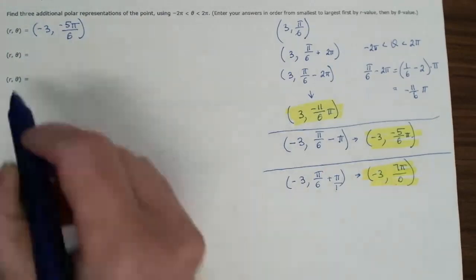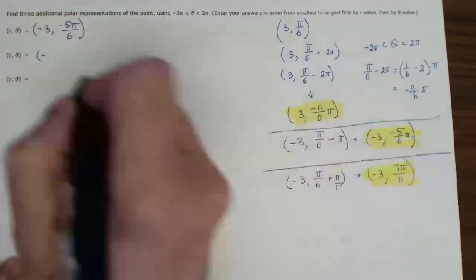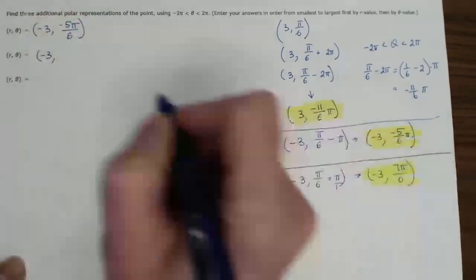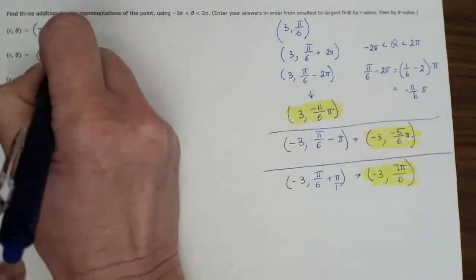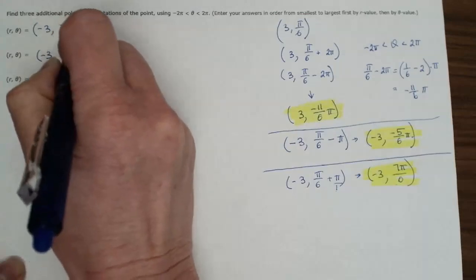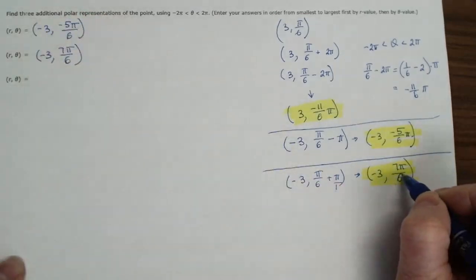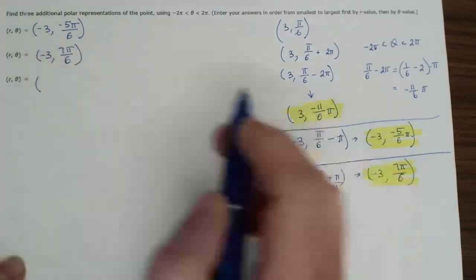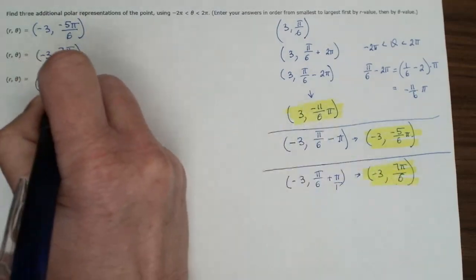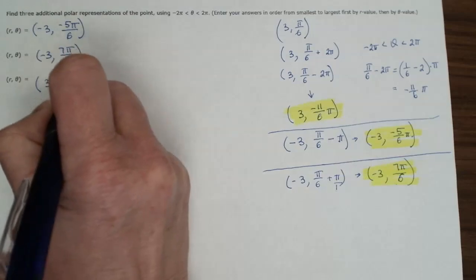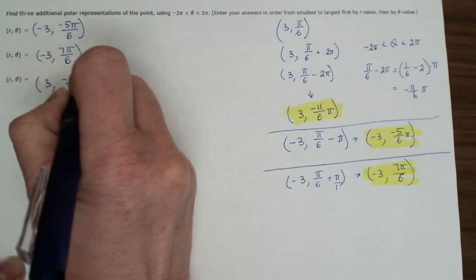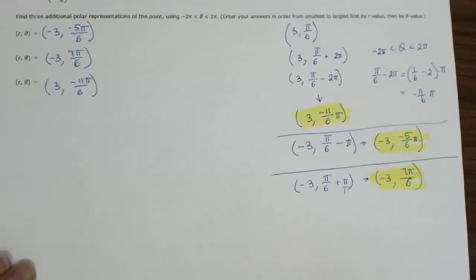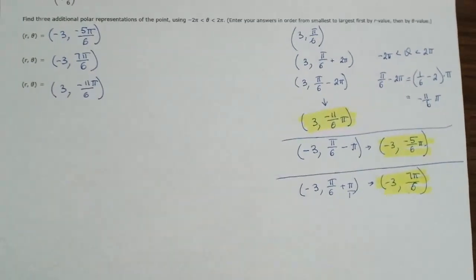Then we have to choose this point, negative 3, and it will be positive 7 pi over 6, even if it looks a little bit ugly. And the next one is this point 3, comma, negative 11 over 6 pi. So this is the solution to this problem.